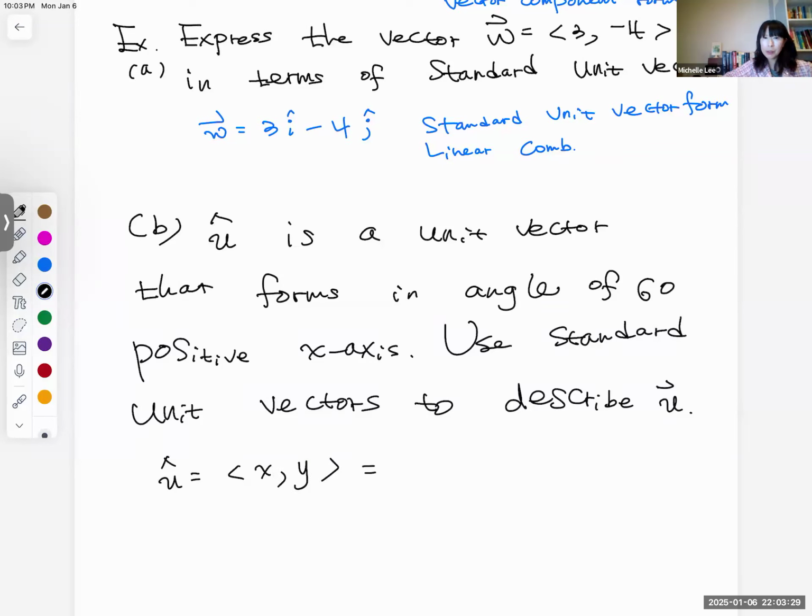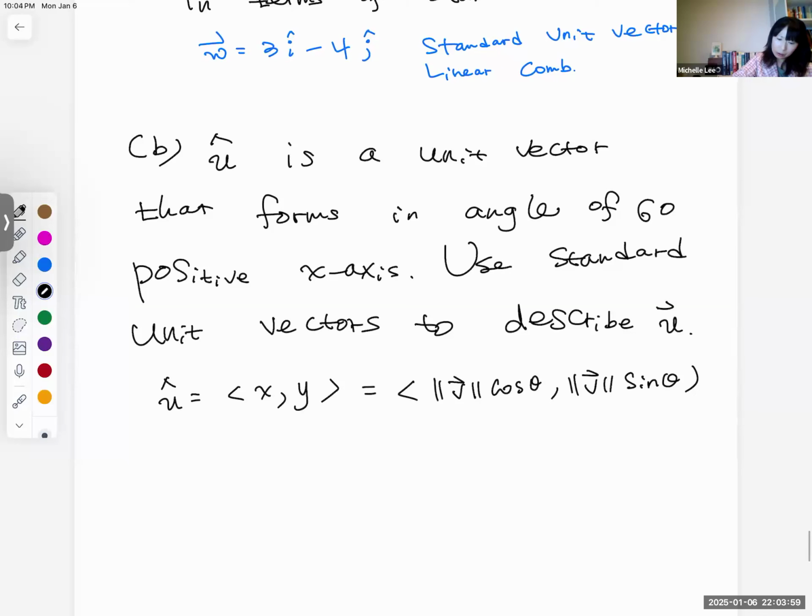We had the experience earlier: x is r cosine theta, so the magnitude of vector v times cosine theta, and y is the magnitude of vector v times sine theta, right?